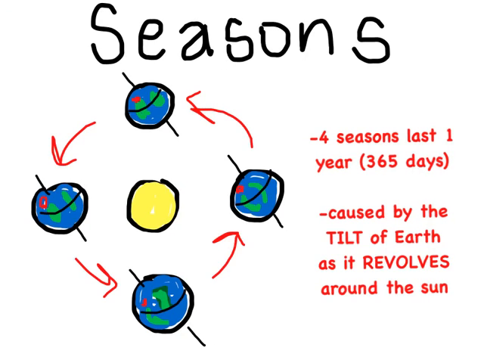All right, we're going to talk about our seasons. That's the next cycle we need to talk about. And the first thing we need to remember about the seasons is that there are 4. We have 1, 2, 3, 4 seasons, and the entire cycle lasts 1 year or 365 days. So again, I revolve counterclockwise, and the Earth takes an entire year to travel all the way around Mr. Sun.